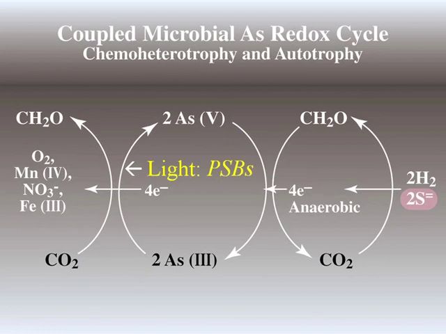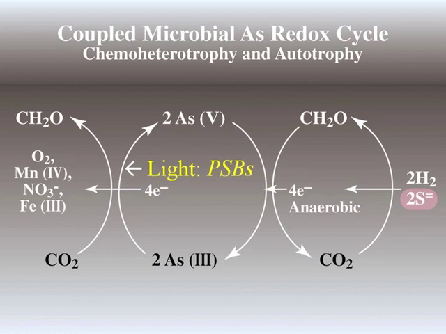Coupled with the idea that phylogenetic studies of the arrA gene and the aio gene show that these are very widely distributed. There's a lot of sequence diversity in these genes among the different groups where they're present, implying that this is probably not so much a case of horizontal gene transfer, but that these genes actually seem to be very ancient genes that possibly may have evolved before the last universal common ancestor.